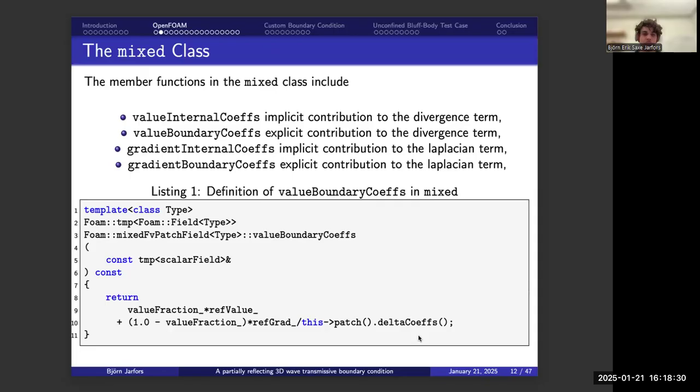And here I just provided an example of the value boundary coefficient member function in mixed, which simply returns this value fraction multiplied by the reference value plus 1 minus the value fraction times a reference gradient divided by this patch delta coef. And this can be translated to just multiplied by the distance from your cell center to your face.